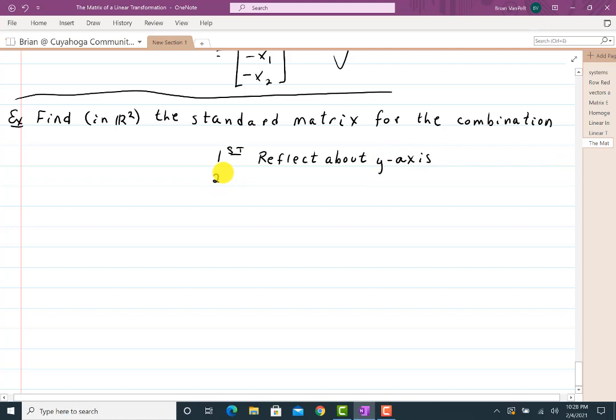And then second, we will rotate pi over 2 radians about the origin. And you know that this means counterclockwise. It's just the way we work. So once again, let's go ahead and take a look at what happens to the basis vectors.